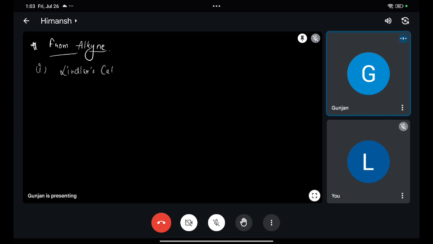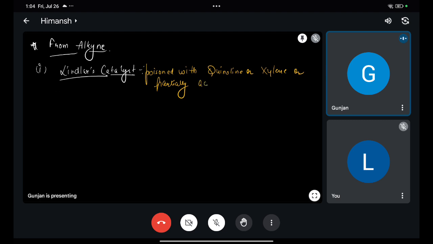In Lindlar's catalyst, the catalyst is poisoned with quinoline or xylene or partially activated palladized charcoal.